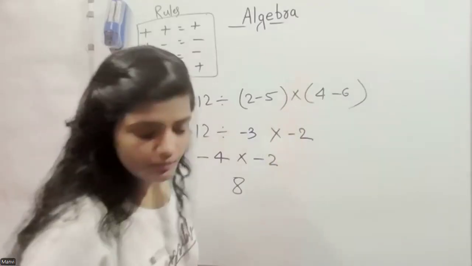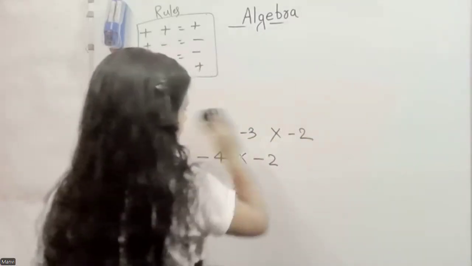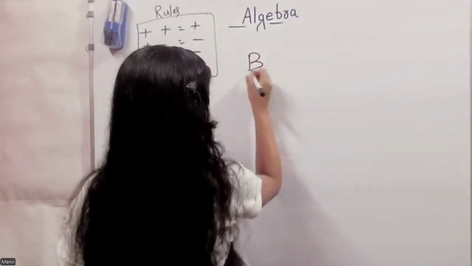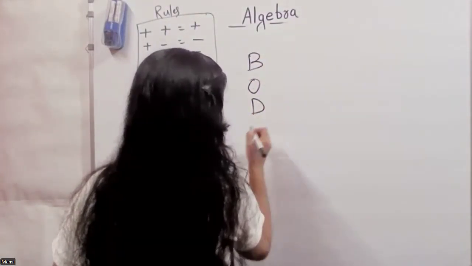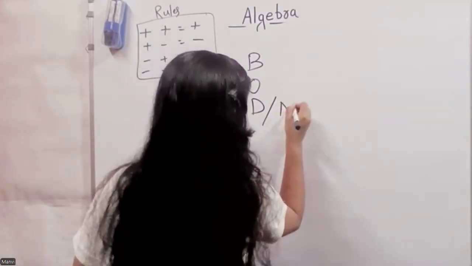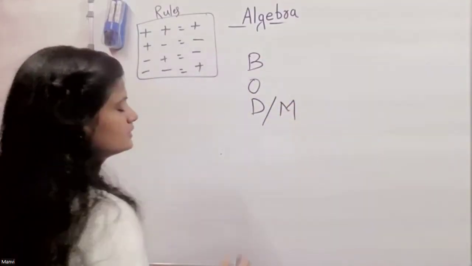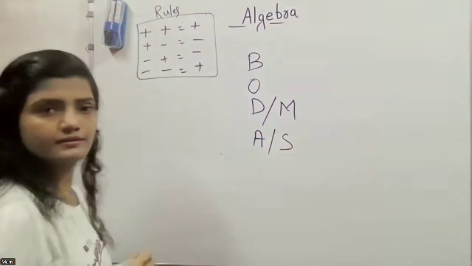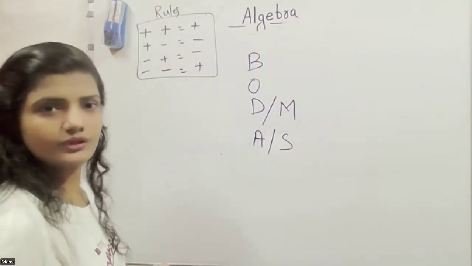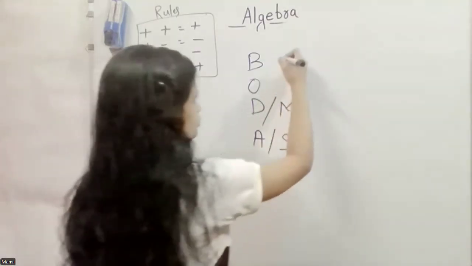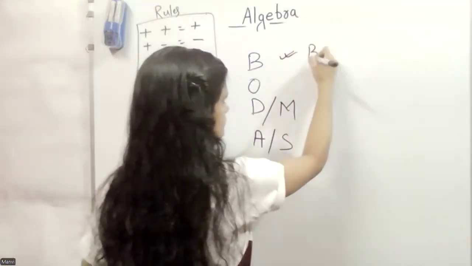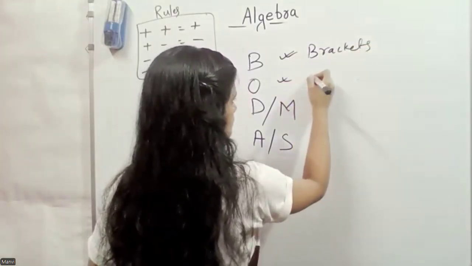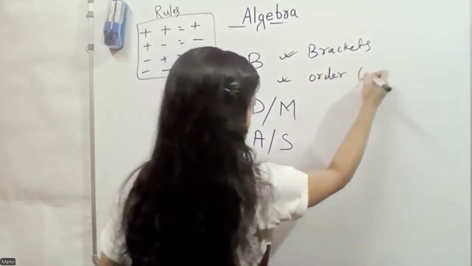Okay. So for board mass, this is BODMAS. So this D and M has the same priority. Okay. Then A and S has the same priority. Okay. So first do with brackets. Then order, which is index.